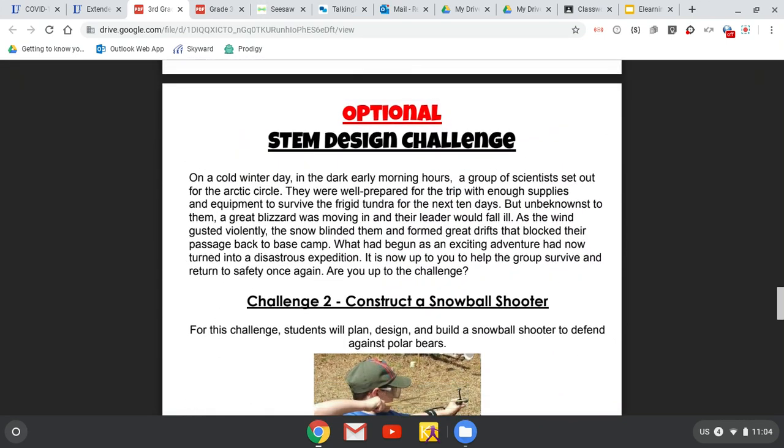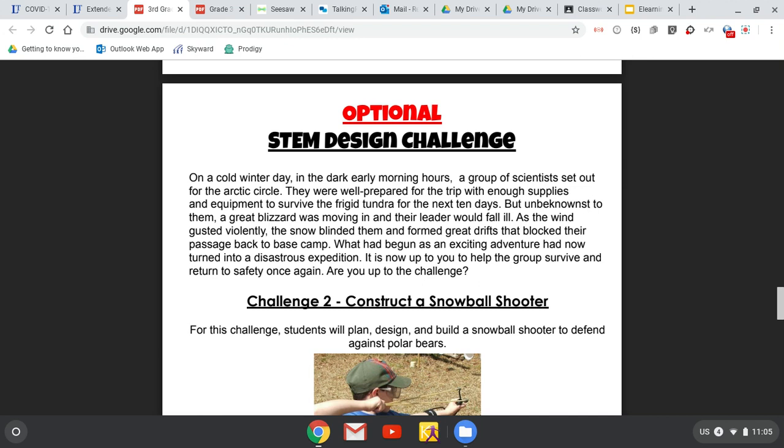You also have an optional STEM design challenge. It says, on a cold winter day in the dark early morning hours, a group of scientists set out for the Arctic Circle. They were well prepared for the trip with enough supplies and equipment to survive the frigid tundra for the next 10 days. But unbeknownst to them, a great blizzard was moving in and their leader would fall ill.